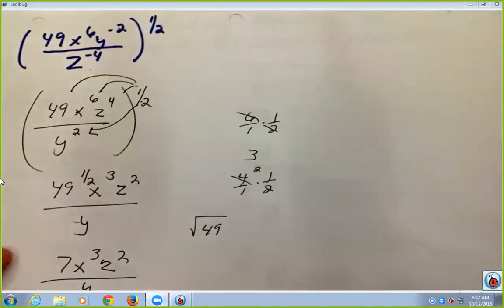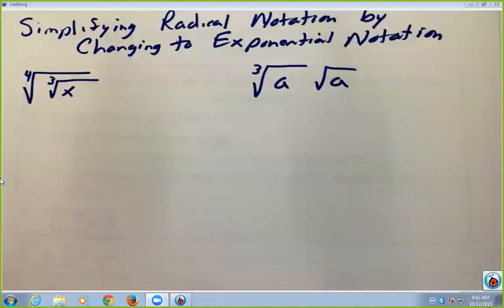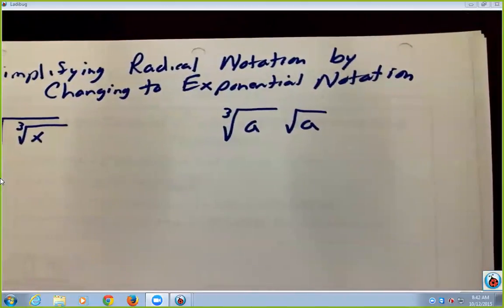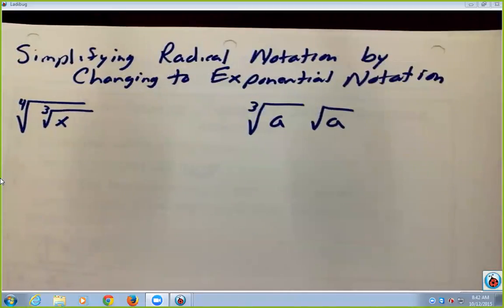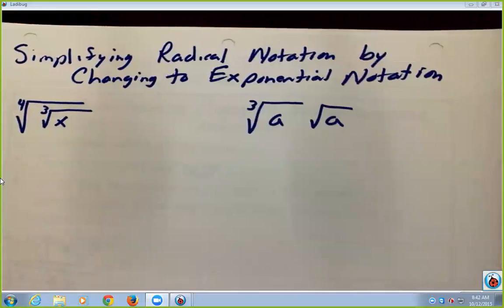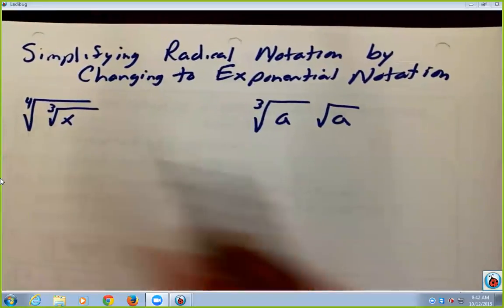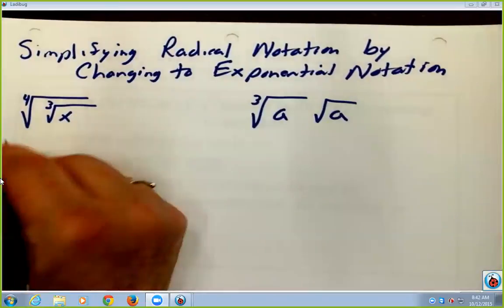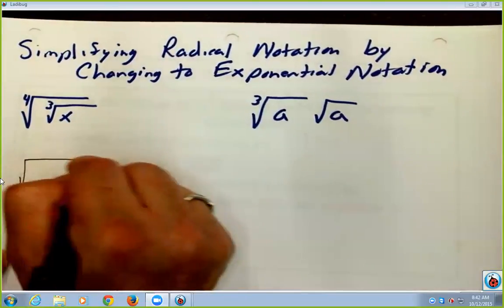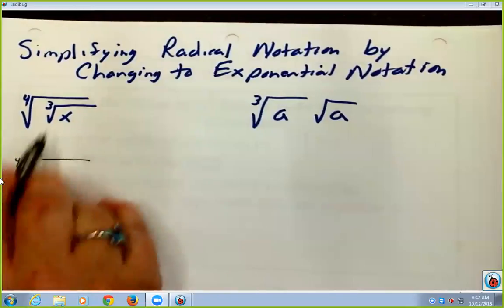So we've simplified with the fractions, but now we need to go back and clean up some simplified radical notation. So if we can simplify some of this stuff and see what happens. And these are ones that have different indexes that are involved in them. So what in the world does this mean? Well, this means I have the 4th root.